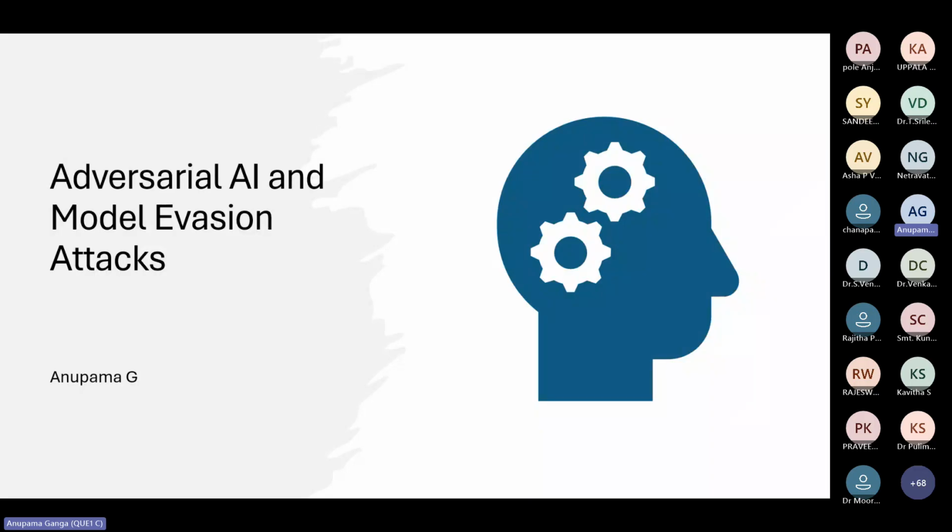So in this session, what we'll see is what adversarial AI is, and how AI is being tricked. Adversarial AI is basically how attackers are trying to create special inputs, which are called adversarial examples.